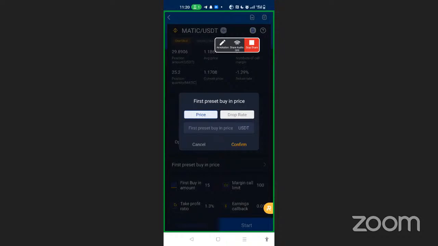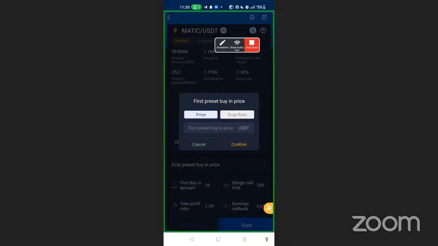That's why, even if we use the margin call drop, most of the time not all 4 margin calls are bought. It only buys a maximum of 1 or 2 or 3, and the coin gets out. So this is what we mean by the preset price.